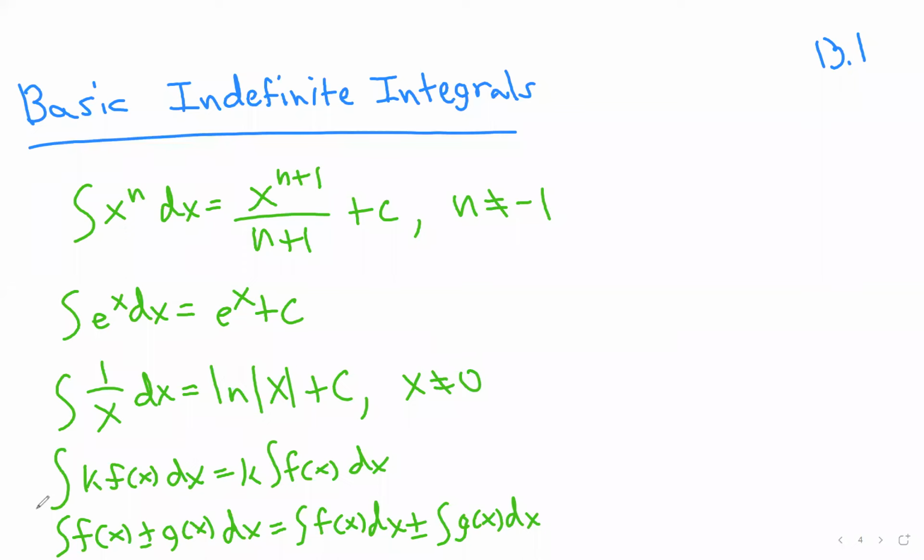And then we have a couple of properties here that have to do with manipulating the indefinite integral into something that's a little bit more manageable. So you have the integral of some constant k times f of x dx, and that'll be equal to k times the integral of f of x dx.